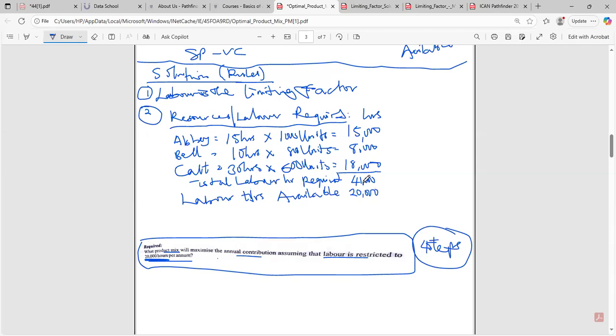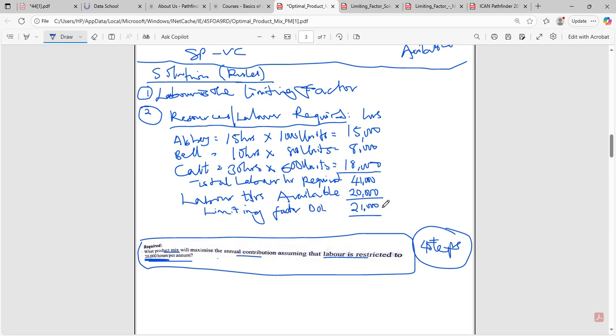You need 41,000 but you only have 20,000. Over by 21,000. So there's a difference of 21,000. This is the limiting factor, the degree of limitation.